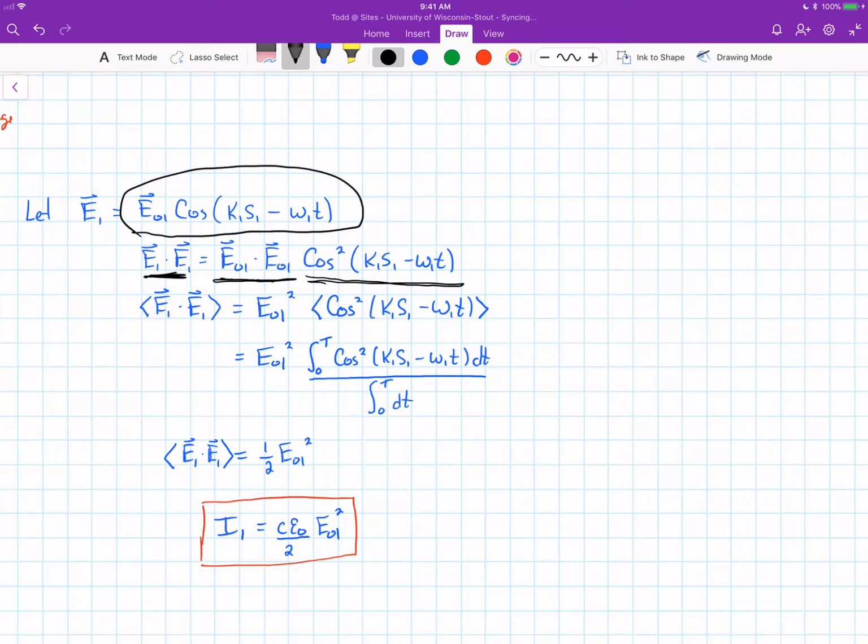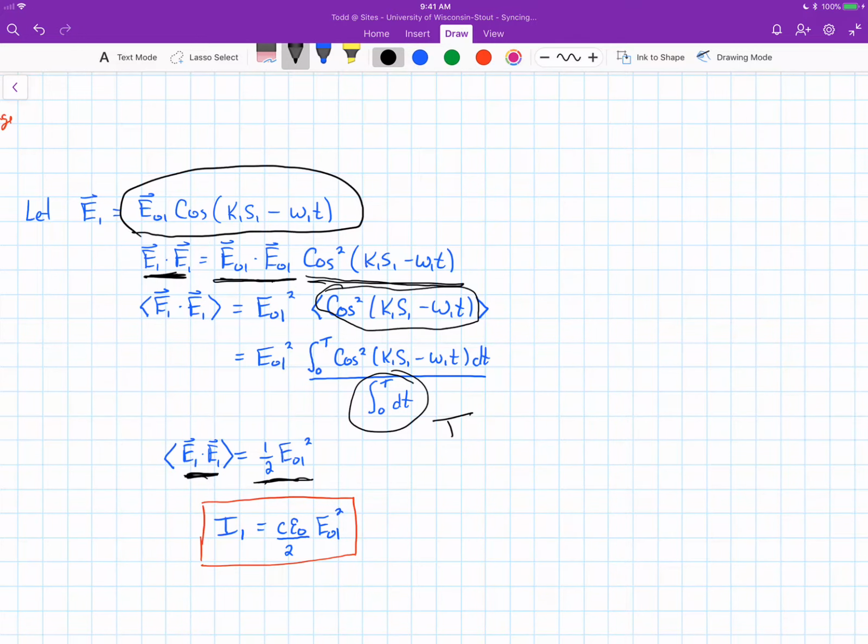To see that, the time average is essentially integrating whatever's inside here over a single period and then dividing by our total time, which is equal to just the period T. So what we end up with for our time average of E1 dot E1 is just 1/2 of the magnitude of the electric field squared.